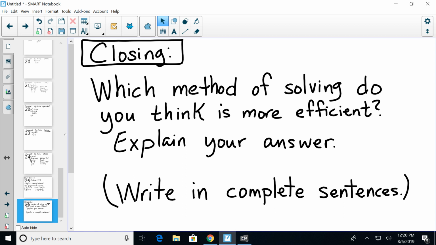What's POE? Properties of equality, because it doesn't require as much thinking, and if you don't have to do it step by step and do it mentally, it'd be a lot faster. Okay.